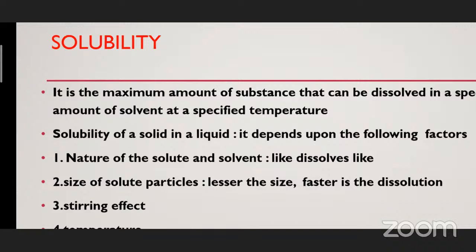We have to see whether the substance is polar or non-polar. This can be better said by the phrase like dissolves like. Generally, polar substances are soluble in polar solvents, and non-polar substances are soluble in non-polar solvents.